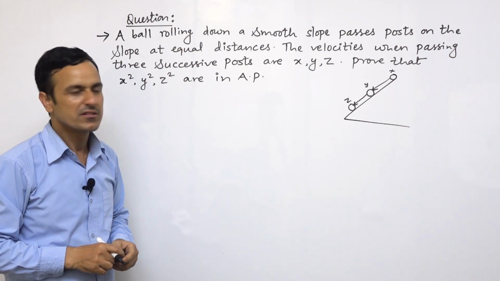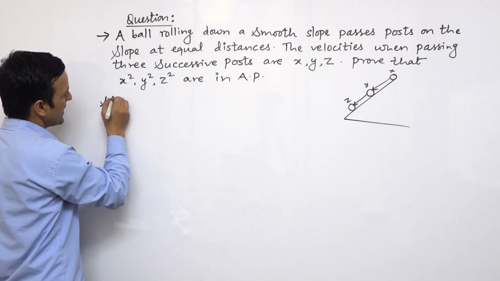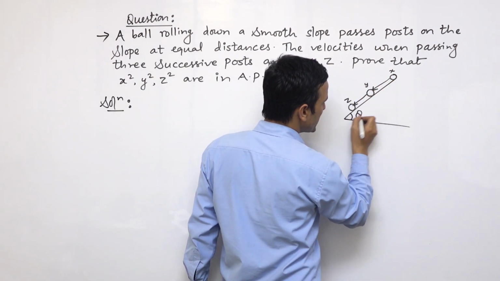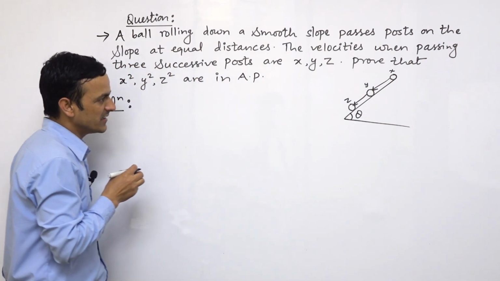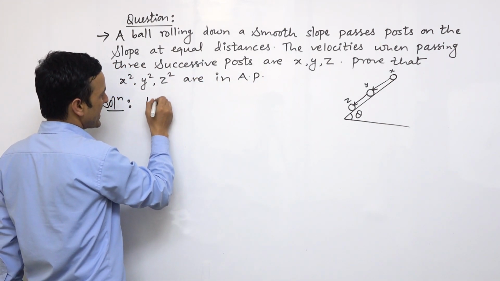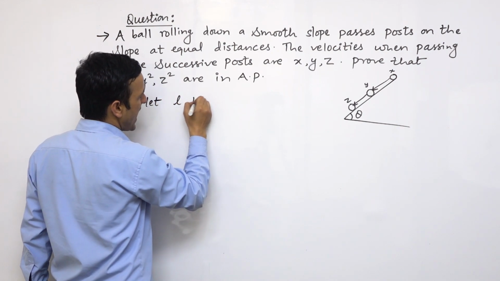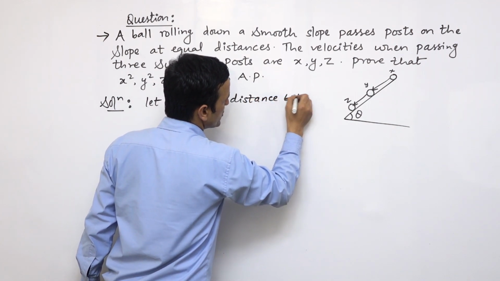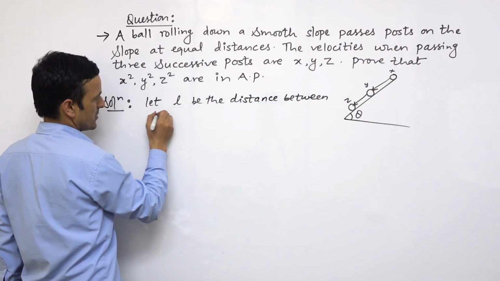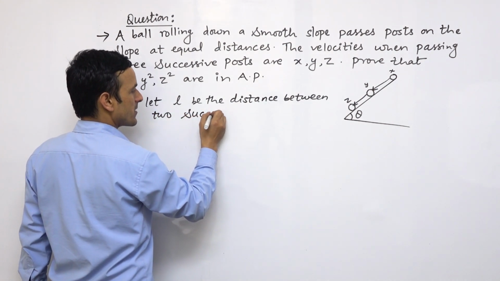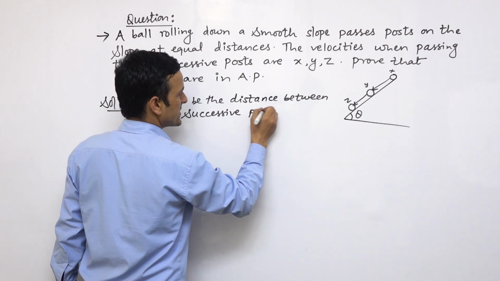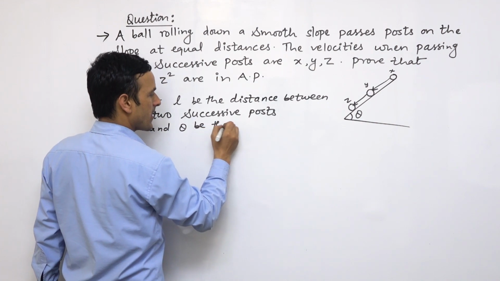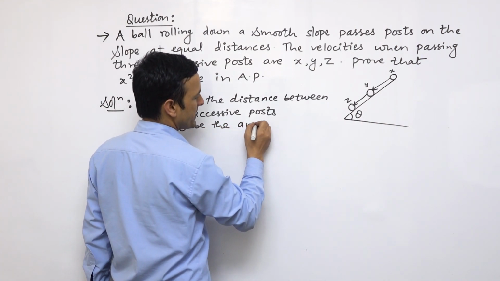square are in AP. So in this case we can find out, the angle made by this inclined plane with this is theta, and L is the distance between two. Now we can suppose, let L be the distance between two successive posts, and theta be the angle of inclination.